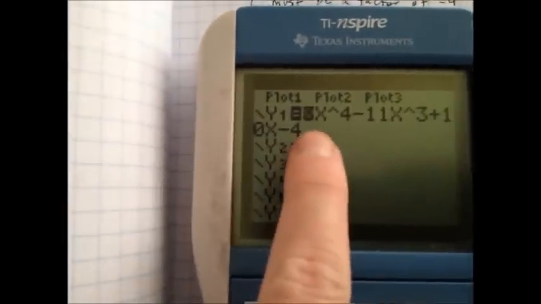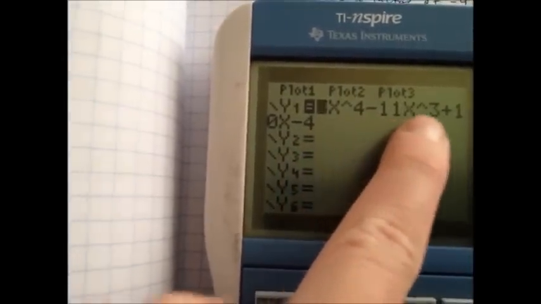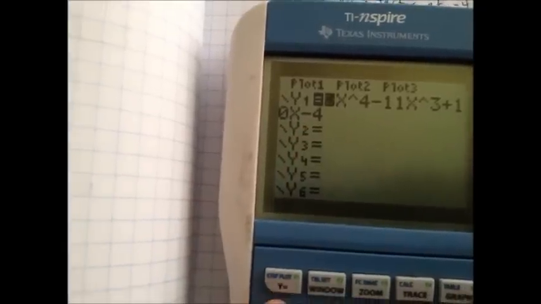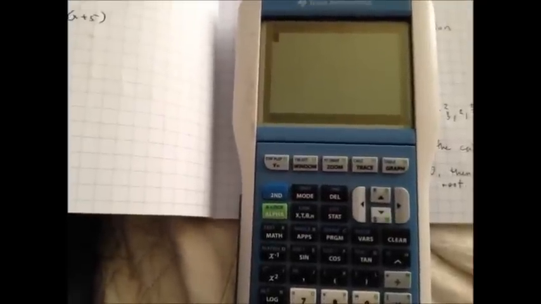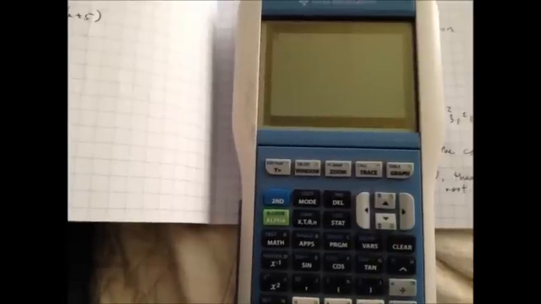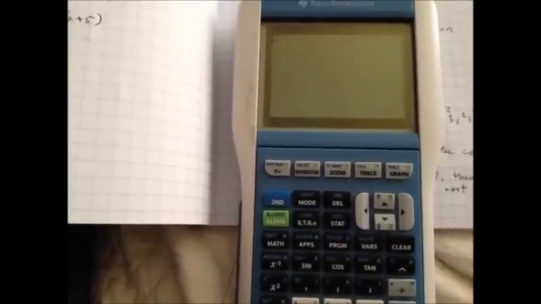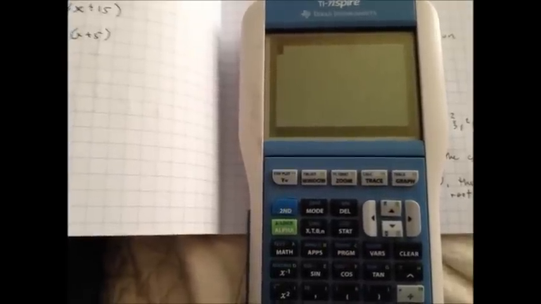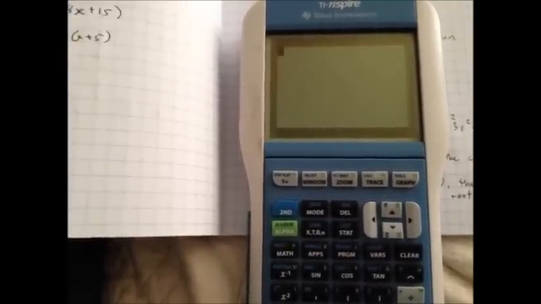So I do press second, quit, get out of that. And now I'm going to go through a series of buttons and I'm going to test. What I'm basically going to do is you can use the calculator to plug in a value for a function, much like you would if you did f of x or f of 2 or f of 3.